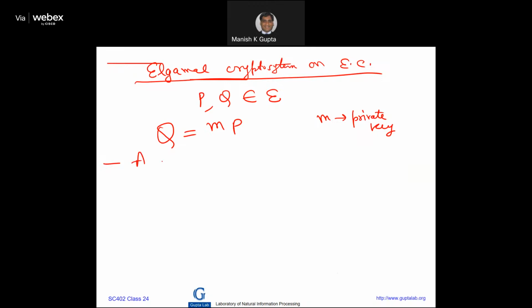So a non-infinity point on elliptic curve E is a pair x comma y, where y square is congruent to x cube plus ax plus b mod p.